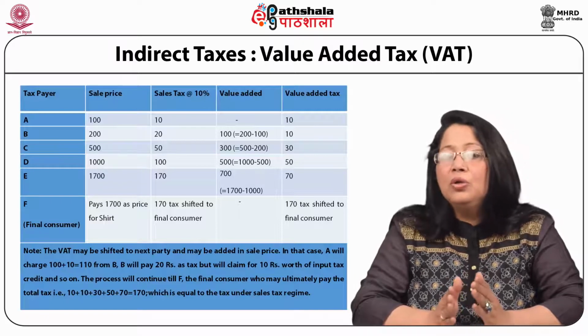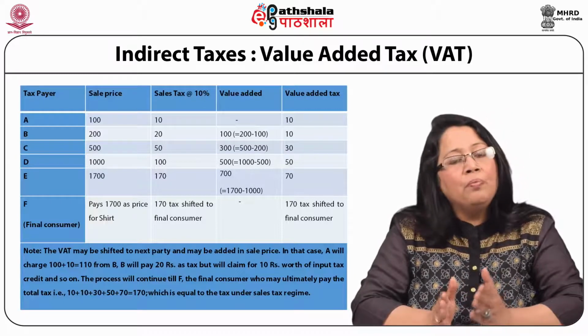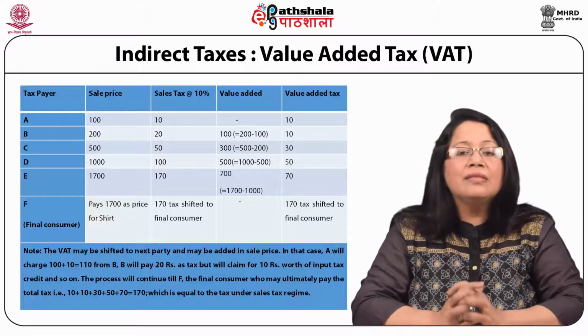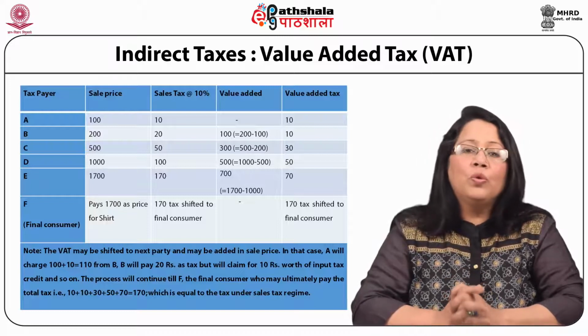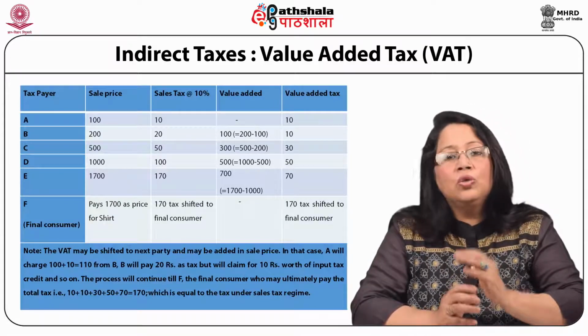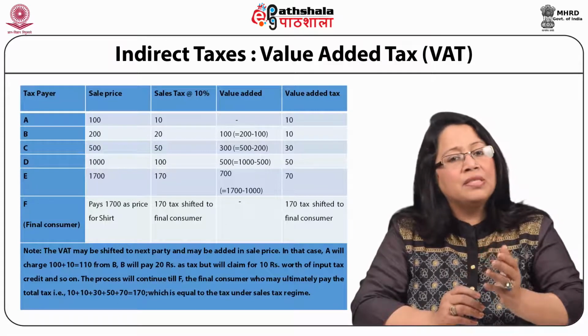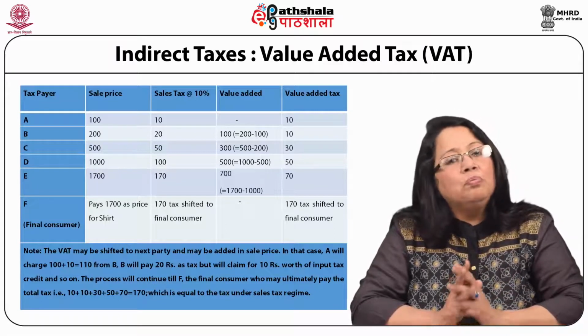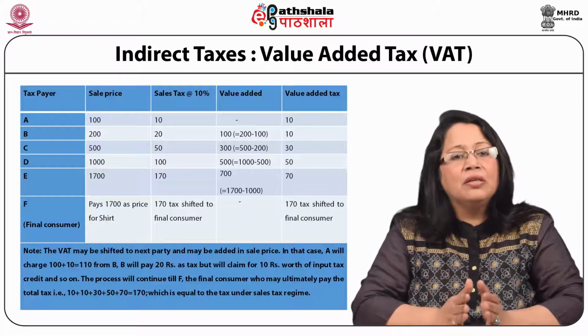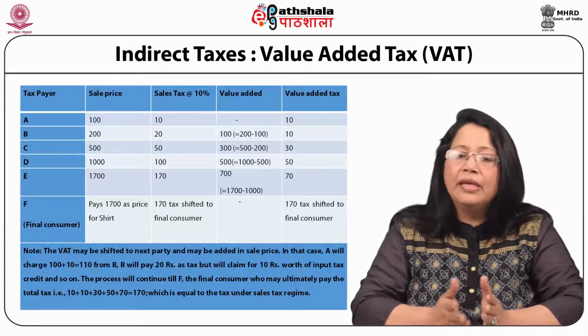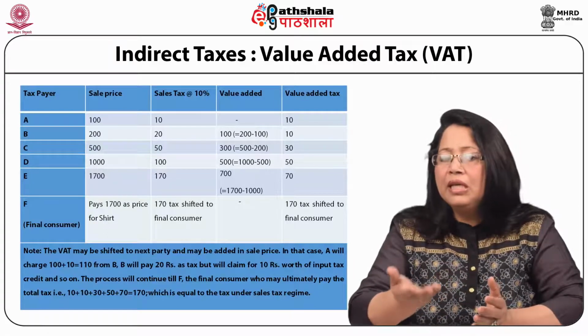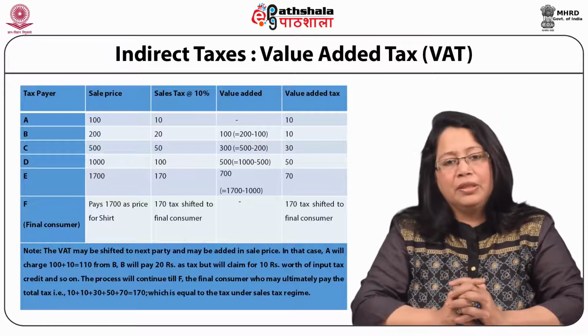Mr. C uses the cloth to make a shirt and sells this shirt for rupees 500 to a wholesaler, Mr. D. Mr. D sells this shirt to a retailer, that is to Mr. E, for rupees 1000.